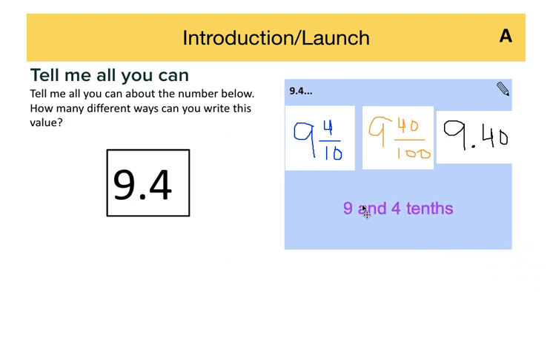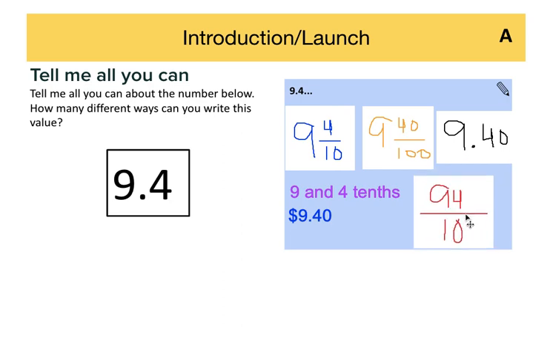Did you write it using words as well? Maybe you used a dollar sign to show it as money. Or did you try maybe to write it all as a fraction, 94/10? I hope you wrote it some of the ways that you see here.